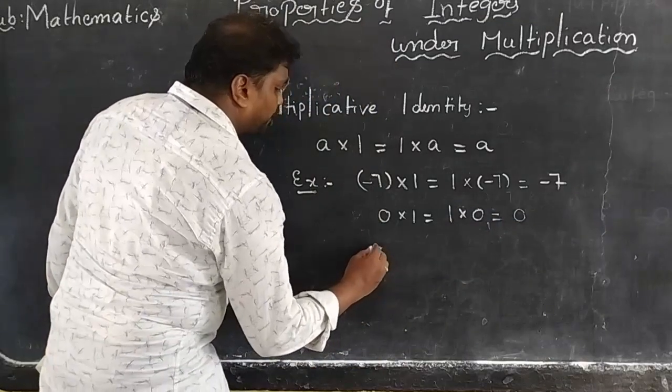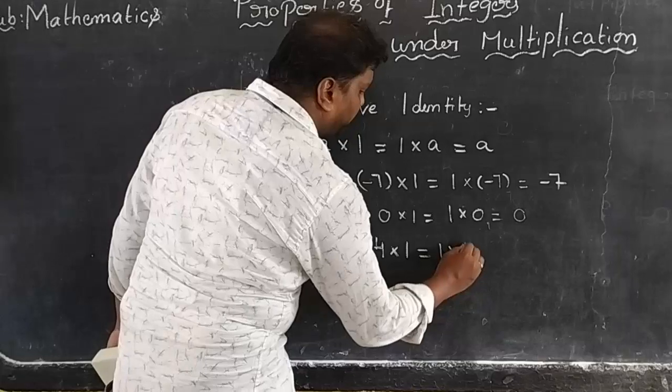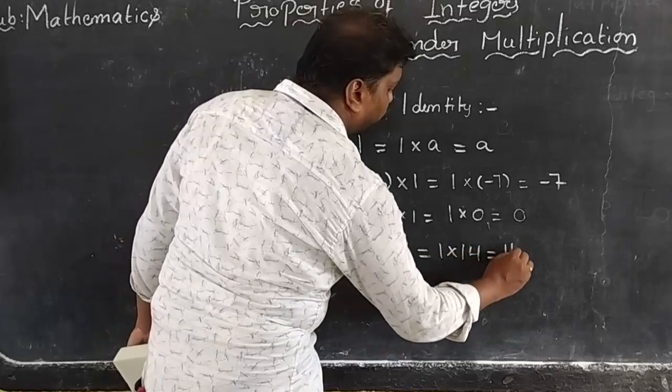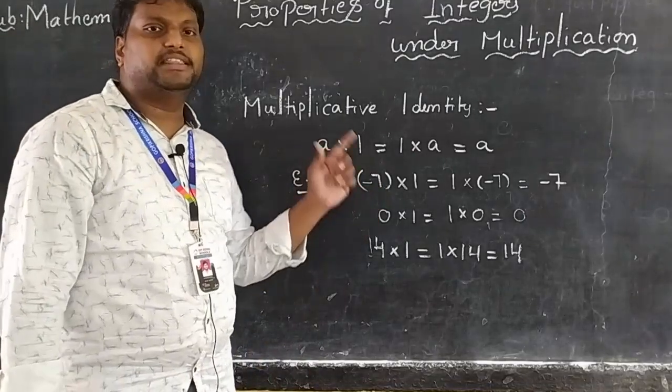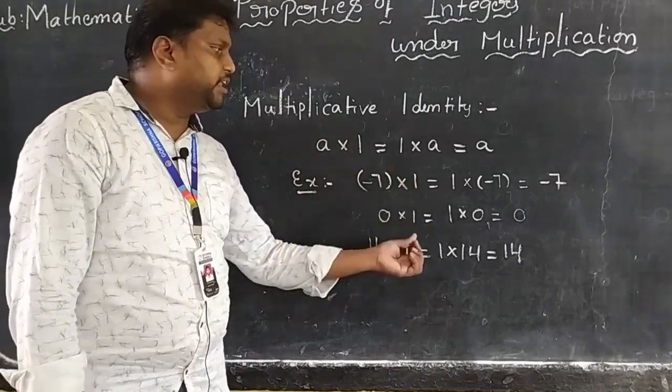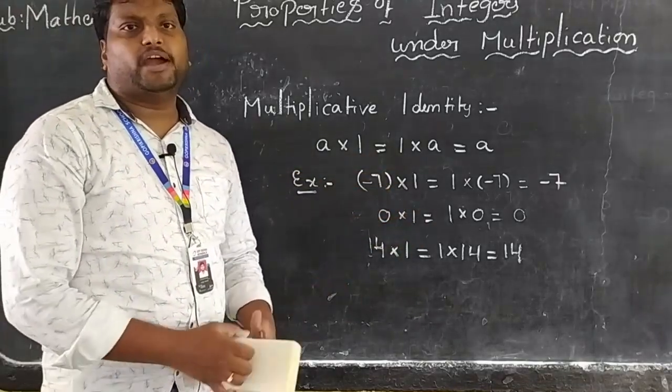Next, 14 into 1, 1 into 14 is equal to 14 only. The number which, multiplied with any integer, gives the same integer, is called the multiplicative identity. Here 1 is the multiplicative identity.